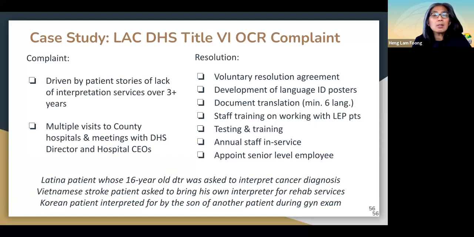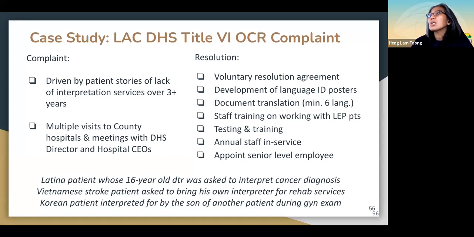So we completed a form. You can write a letter or fill out a form. We contacted the Office for Civil Rights in Region 9 and put this in. So they investigated, and the county volunteered to negotiate an agreement.